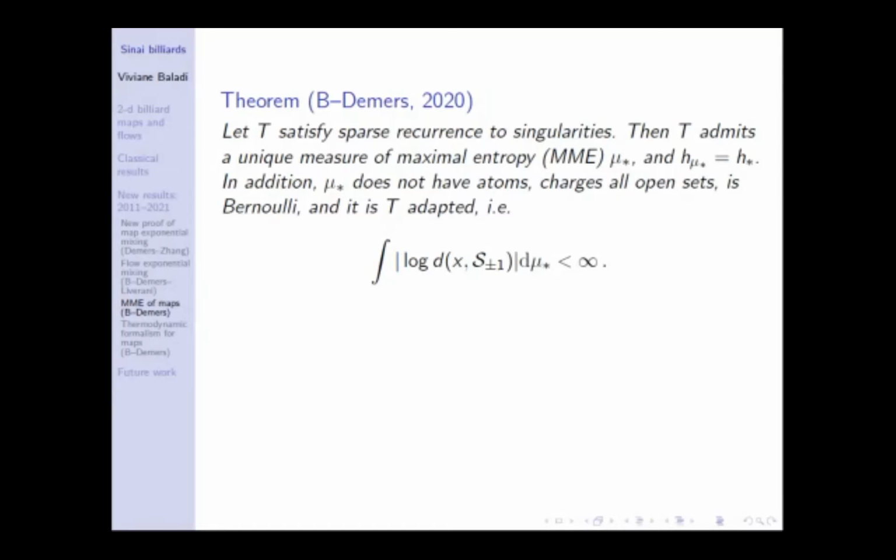It's mixing, so it's ergodic. In fact, it's even more than mixing, it's Bernoulli. And it is T-adapted, which is something you need if you want to talk about Lyapunov exponents, meaning that if you look at the logarithm of the distance between a point and the singularity set, when you average with respect to this measure, you get a finite number.